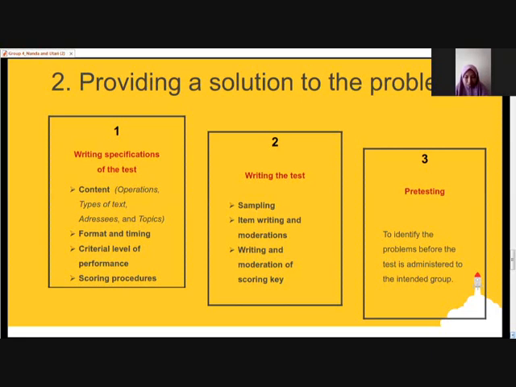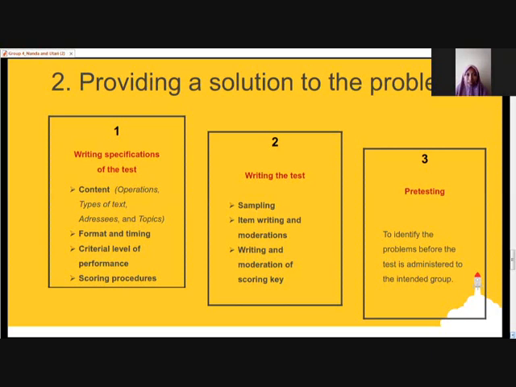And then the second step is writing the test. Okay, it is the sampling and then item writing and moderation. In item writing and moderation, the teacher writes the items for the test and then asks the other teachers, who don't have the same specific education as us, to do the test and tell how our colleagues think about the test.